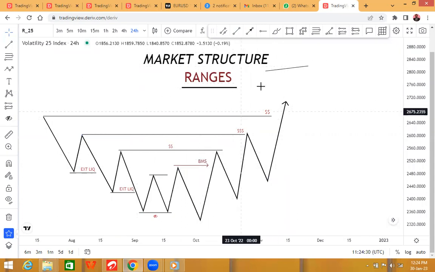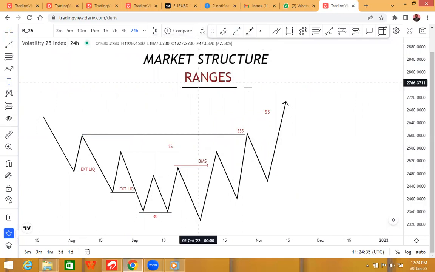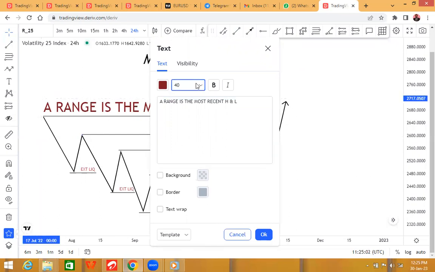This is the foundation. Now, as I said, we're going to talk about ranges today. So let me write that for you. What is a range? I'll say a range is the most recent high and most recent low.